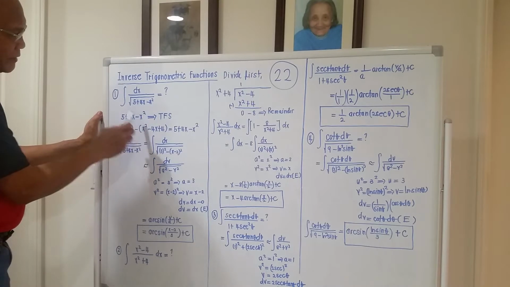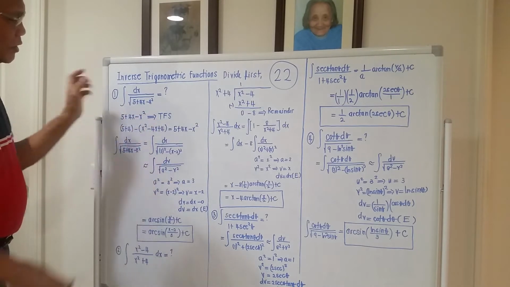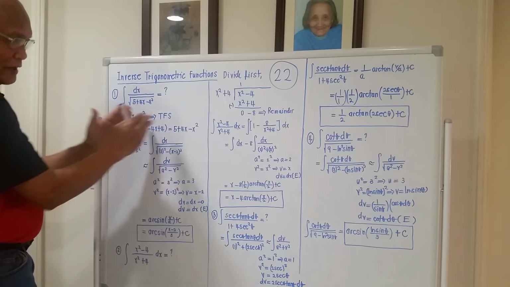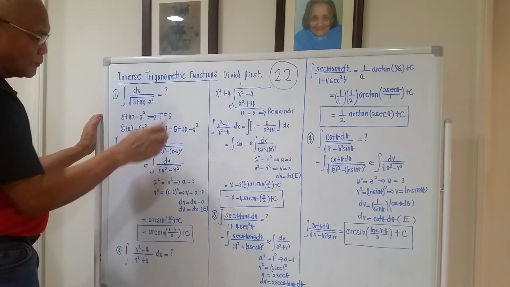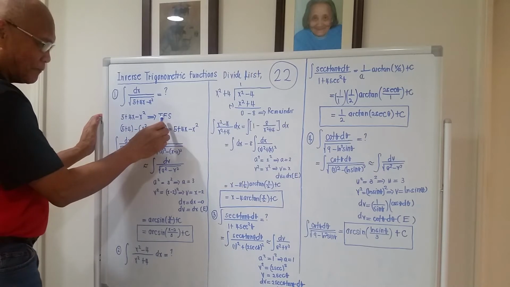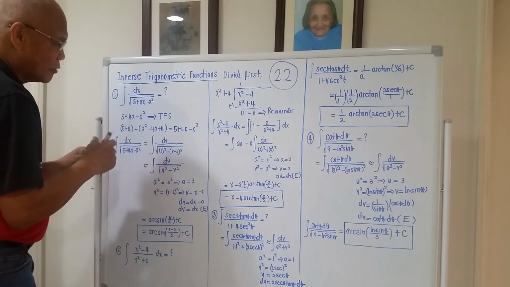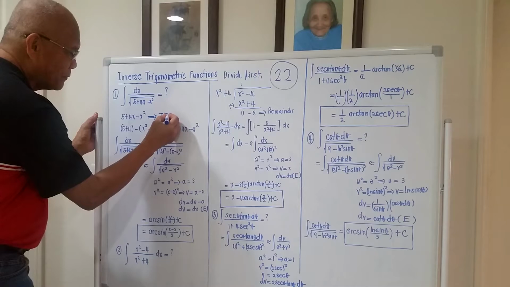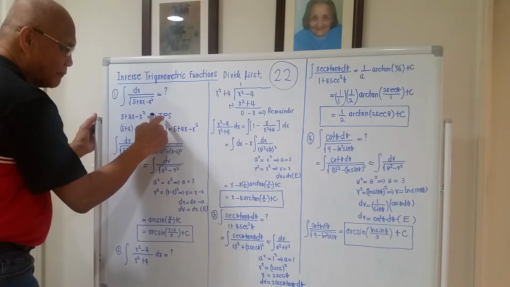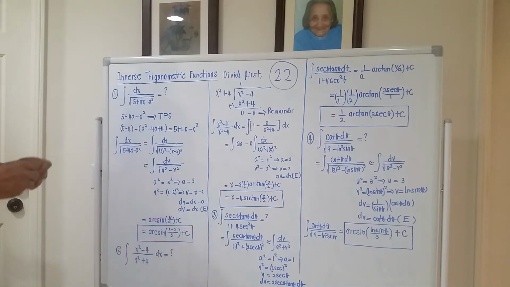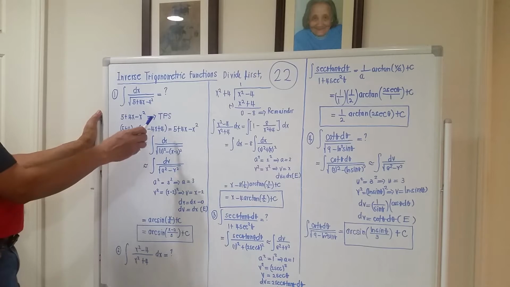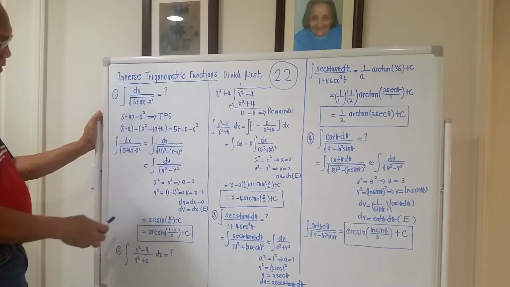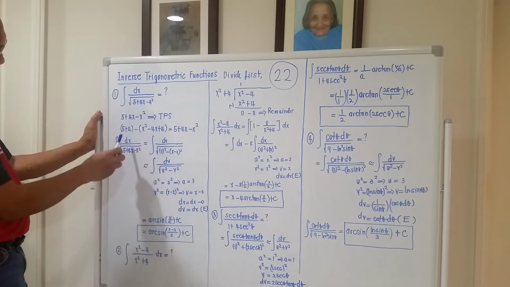5 plus 4x minus x squared, we can manipulate this for it to fall under a perfect square trinomial. So actually, it's a problem of algebra. For it to fall under a perfect square trinomial, I did this.